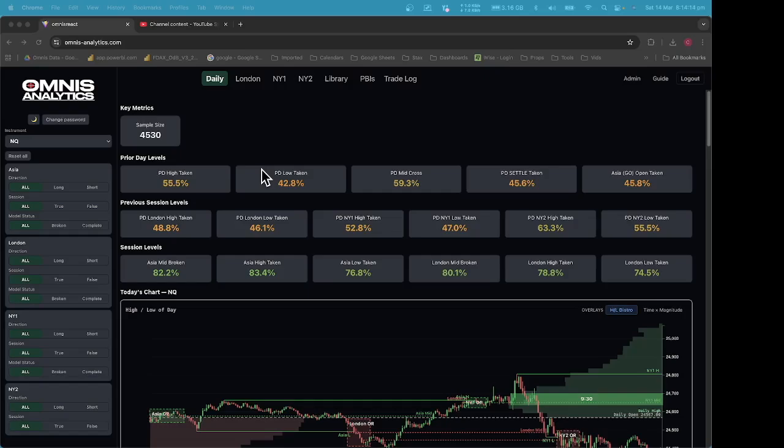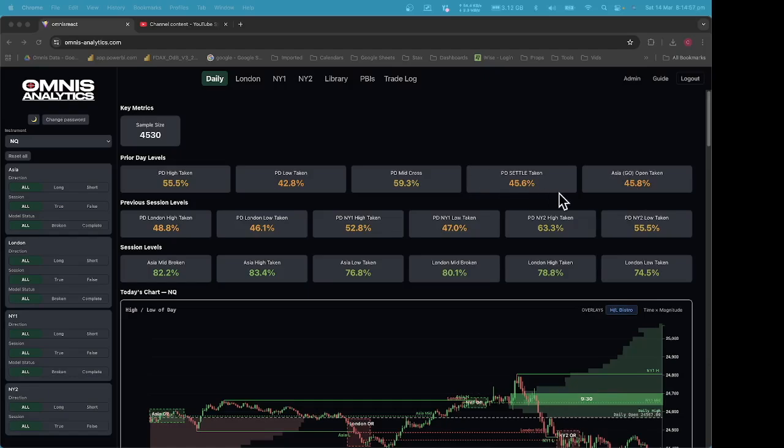We use both together to understand whether the market tends to sweep both sides or remain one directional on some days. The mid cross is how often the mid price is crossed between the previous day's high and low. The mid acts as a balance point. Crossing it may often signal a directional commitment for the day.